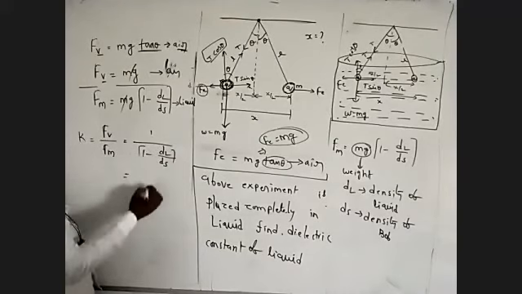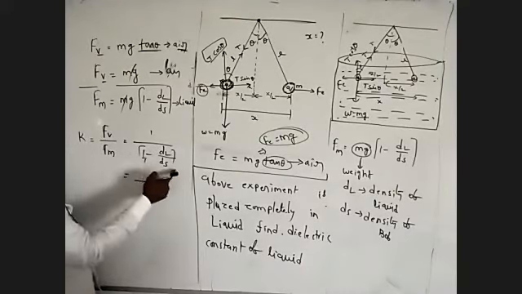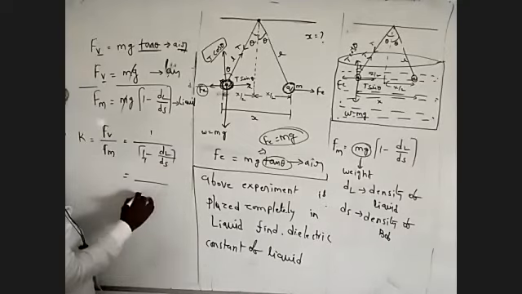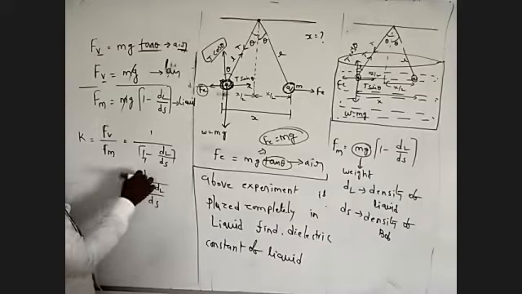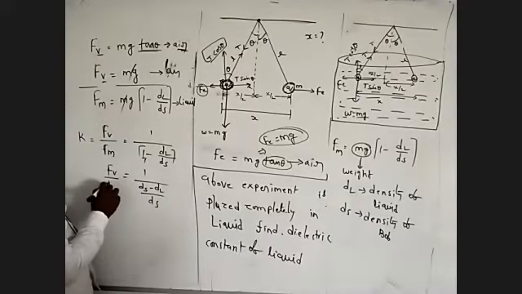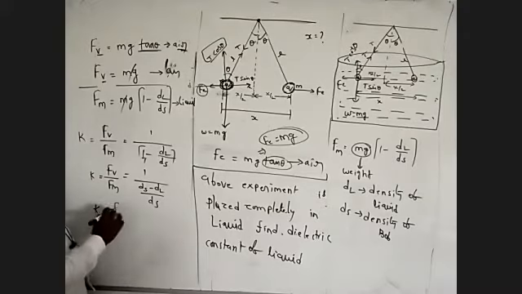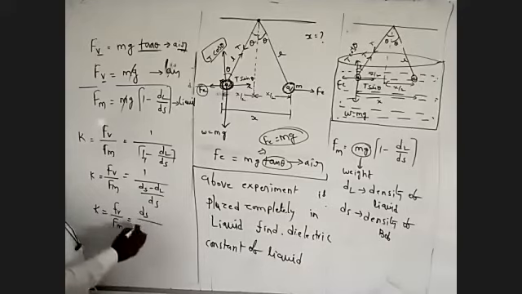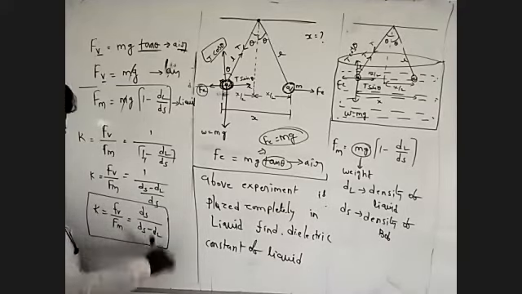Now simplify this equation, taking the LCM of ds: K is equal to Fe by Fm is equal to ds by ds minus dl. Now your answer is this.